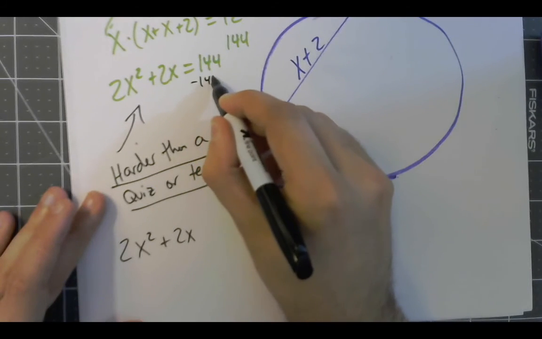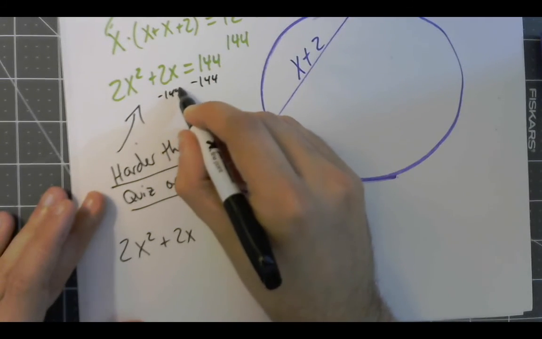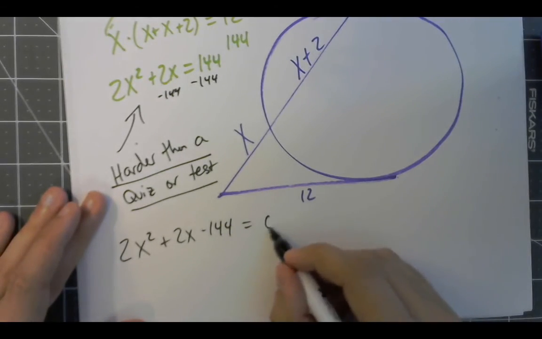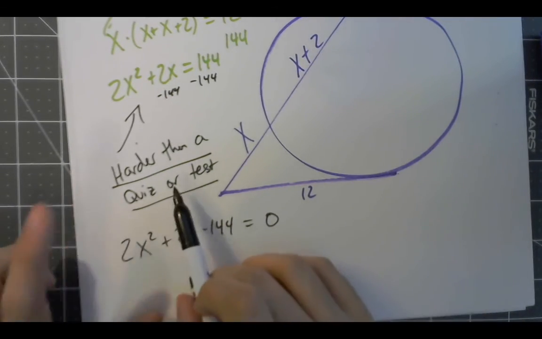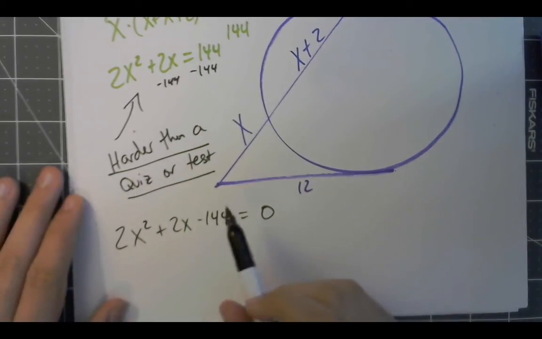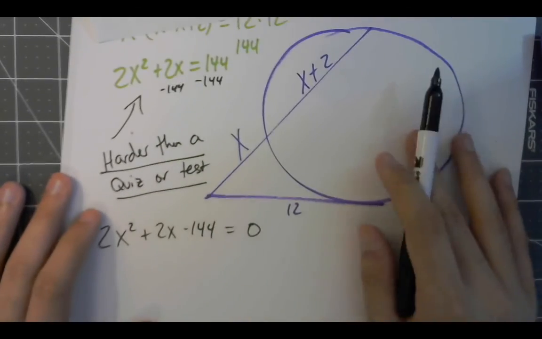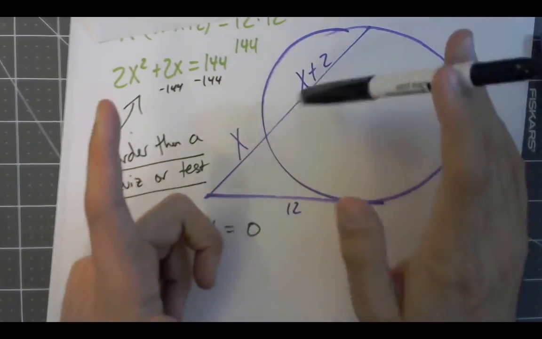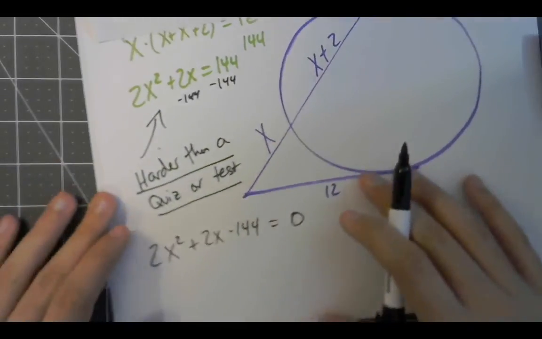Let's move the 144 across. Equals 0. Once again, make sure you get that down. Yours would be much simpler. They may just be a number here and then x plus 2 over here. You can try that if you would like.